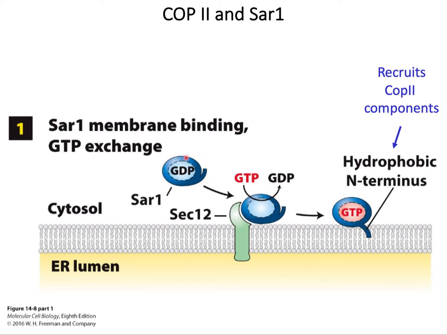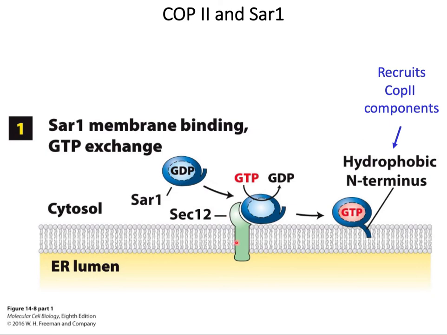SAR1, in blue, is bound to GDP and is inactive. In its inactive form, it has a hydrophobic N-terminus, which is actually hidden inside. But at the appropriate membrane, in this case the ER membrane, because we are talking about COP2, which regulates ER to Golgi trafficking, SAR1 can encounter a protein known as SEC12, which is the guanine nucleotide exchange factor, or GEF, for SAR1.